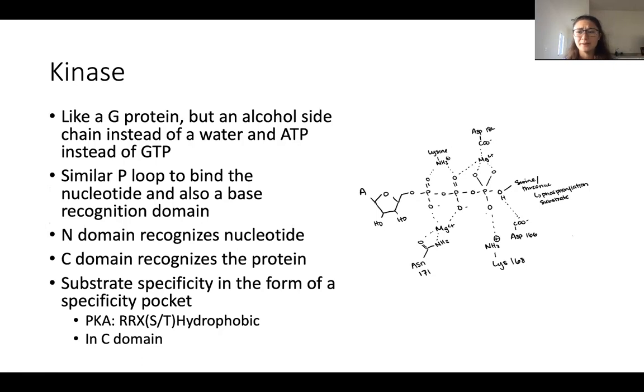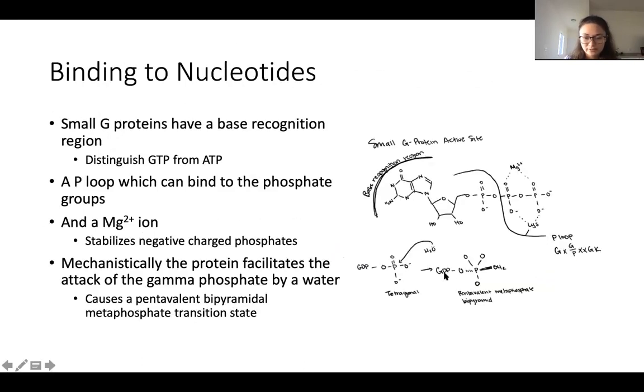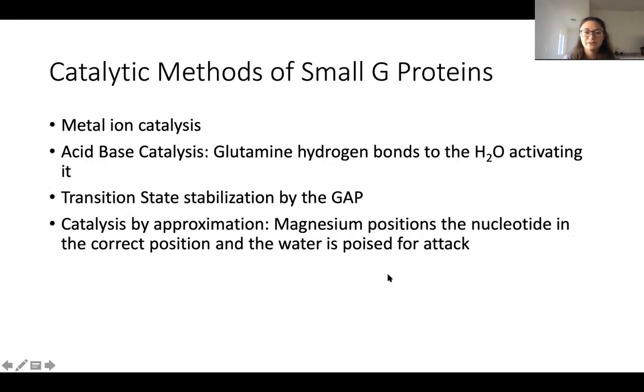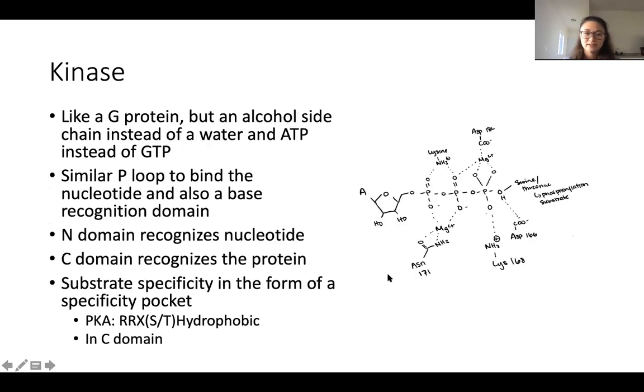So next, we're going to talk about kinases, which are actually very, very similar to G proteins. But we say, okay, instead of using a water to attack, what if we use a serine or a threonine or a protein that has an alcohol side chain? And then what if instead of GTP, we had ATP?